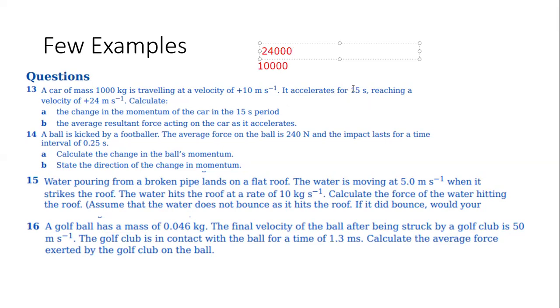So it is only for the 15 seconds. The change in the momentum of the car is what? What is your answer? It should be 14,000, right? 14,000 kilogram m s minus 1.